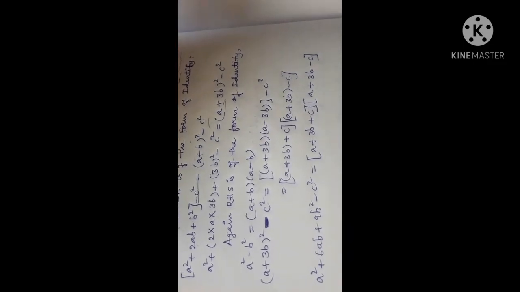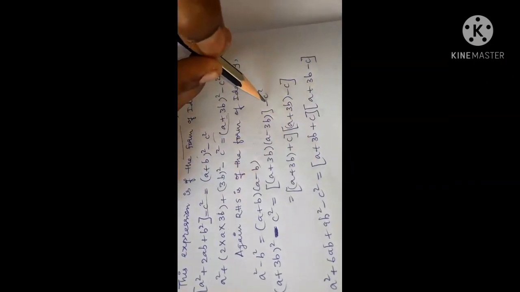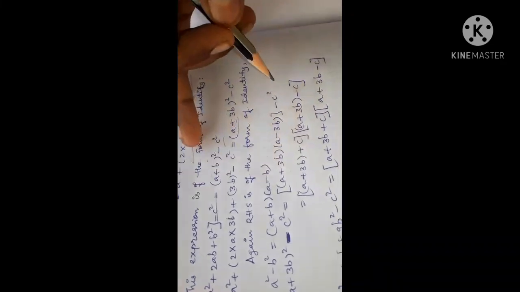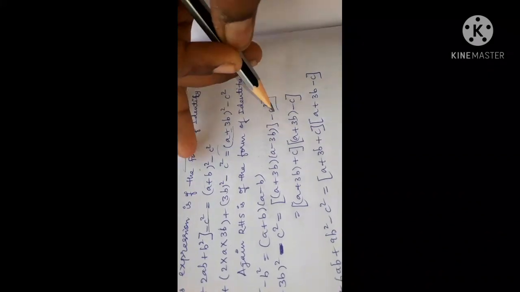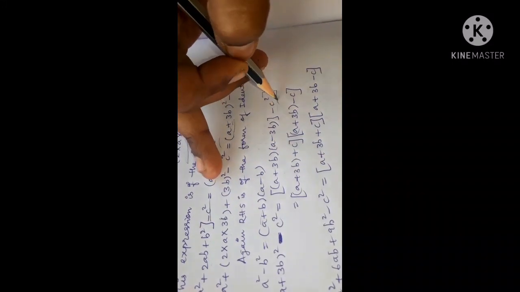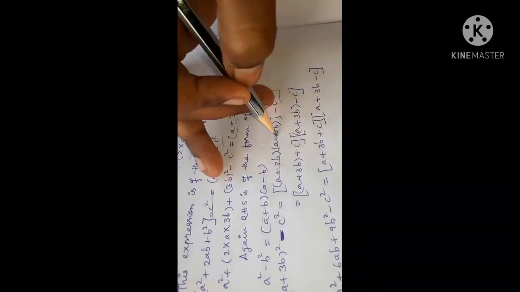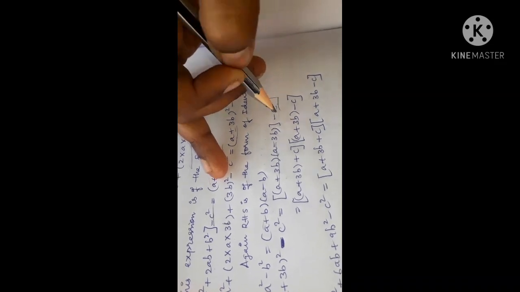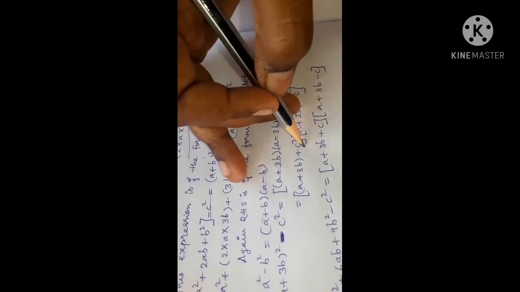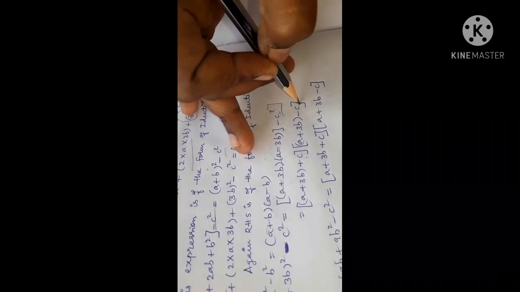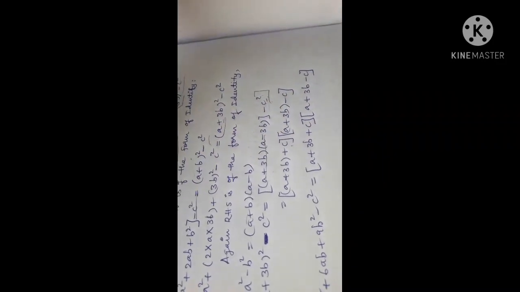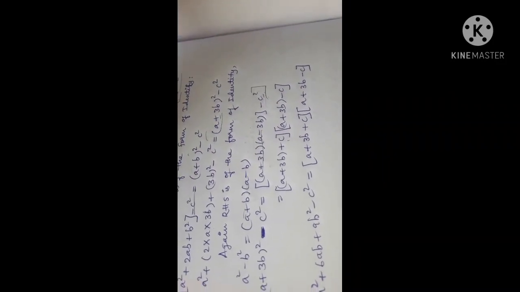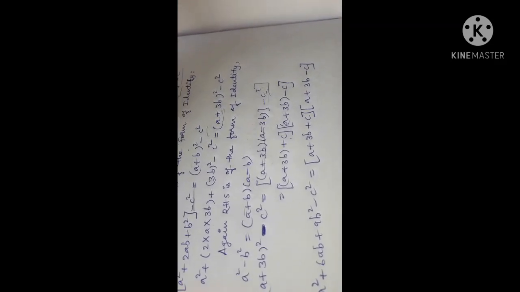Now you will get a plus 3b plus c, because this is of the form of the a plus b, a minus b identity. Now only we use it. This is a plus b and this is a minus b, like that we'll take and we'll just add 1 plus and 1 minus. A plus 3b plus c and a plus 3b minus c.